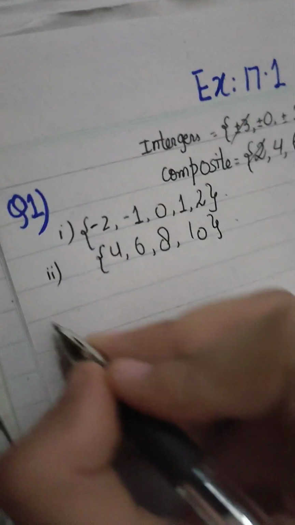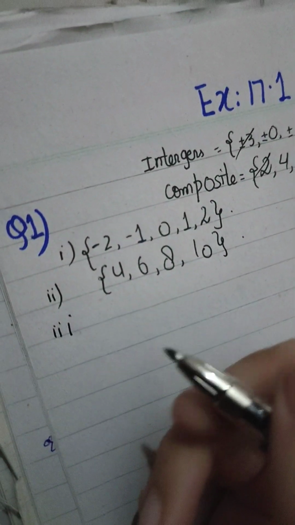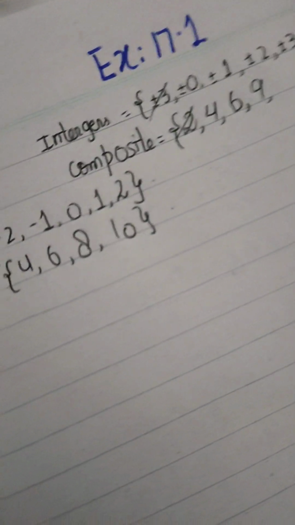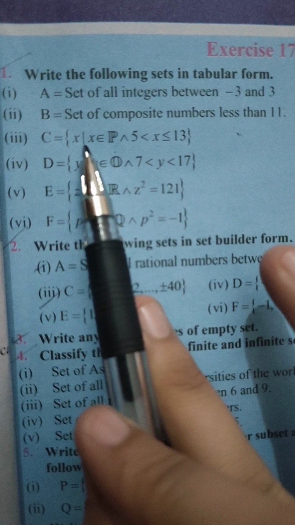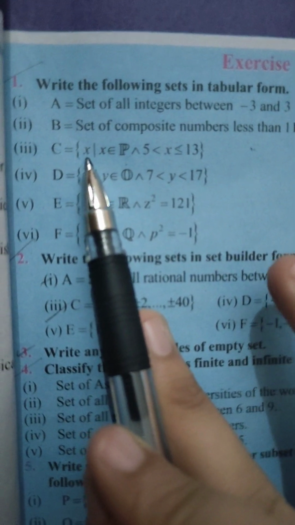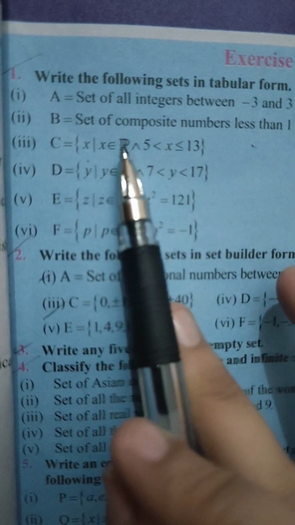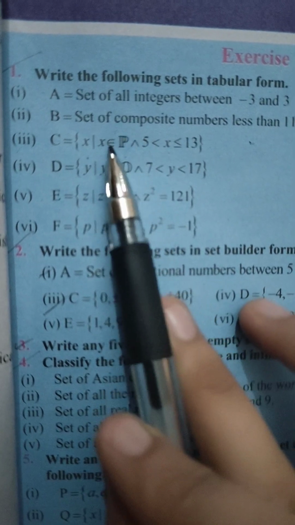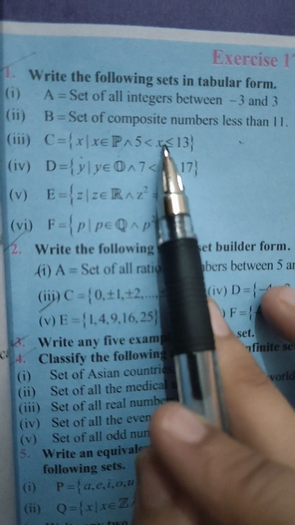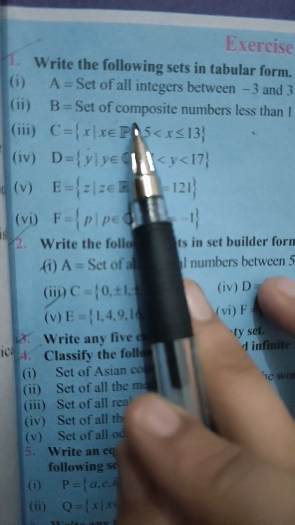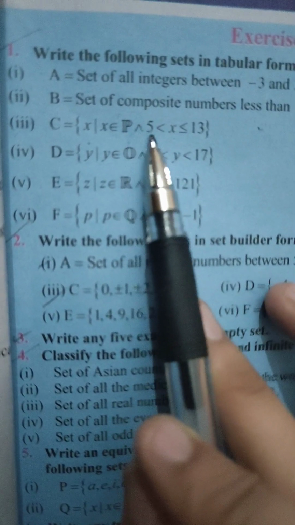Now part 3. Here x represents the element that belongs to P. P means prime numbers, and x is greater than or equal to 5, so we have to write the prime numbers that are greater than 5.